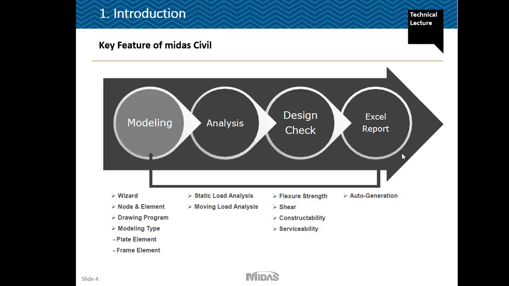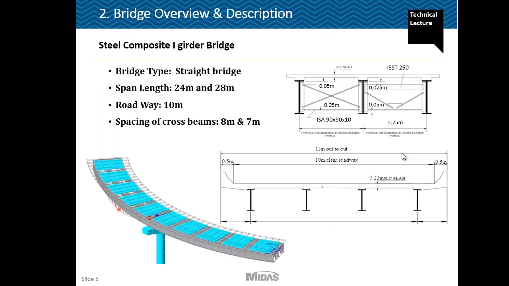All this repetitive work could be tremendously reduced by using MIDAS Civil. This is what we are going to show you: all of these processes, and how MIDAS helps you better in all of them.